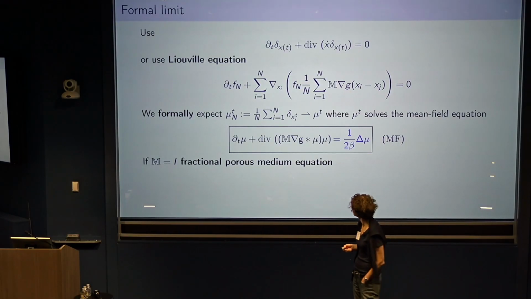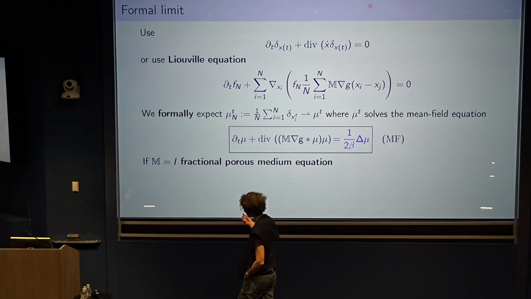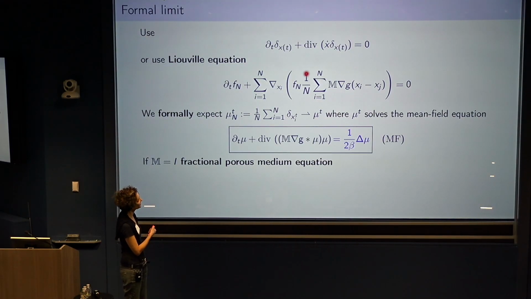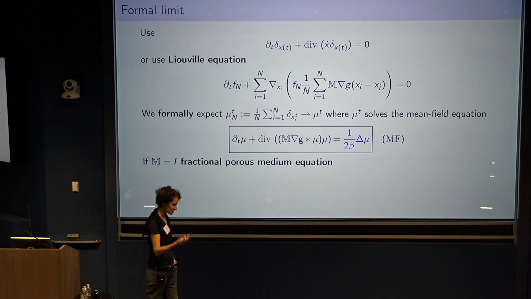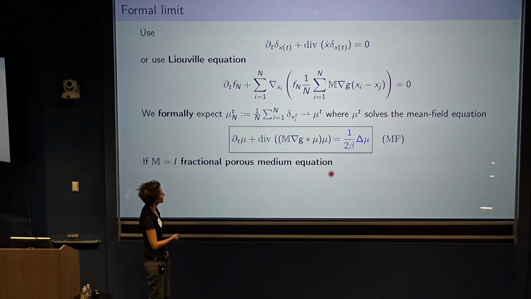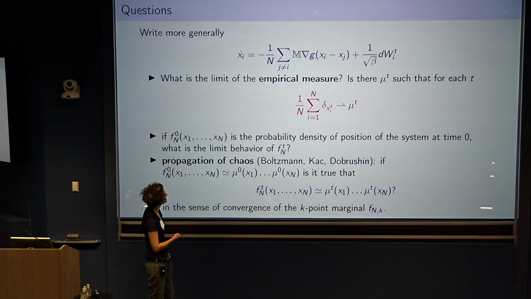So now if you formally put your empirical measures into this relation, and you look at what the velocity field is, and you replace the empirical measure with your limit, you find that formally you're just making a convolution. Right? So maybe I can go back to the first slide.